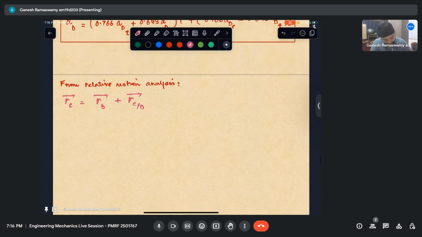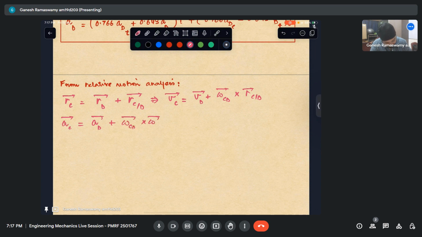Similarly, we can get velocity of C is nothing but velocity of D plus omega CD cross R C with respect to D. And for acceleration, we can write AC is nothing but AD plus omega CD cross omega CD cross R C with respect to D plus alpha CD cross R c with respect to d.